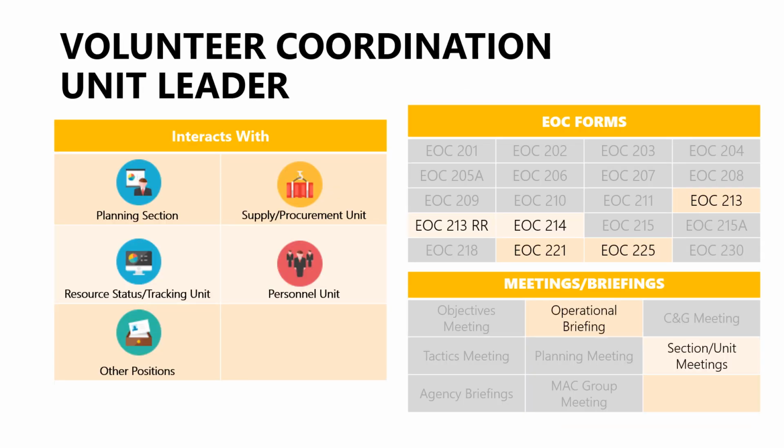This will not be a one-person show, so the volunteer coordinator for the unit is going to be supervising anybody assigned to the volunteer coordination unit. They're going to be working closely with the operations and planning section to identify volunteer needs and to develop a plan to distribute these volunteers to the necessary places. They're going to coordinate with the resource tracking unit to make sure that we're tracking all of those volunteer resources.